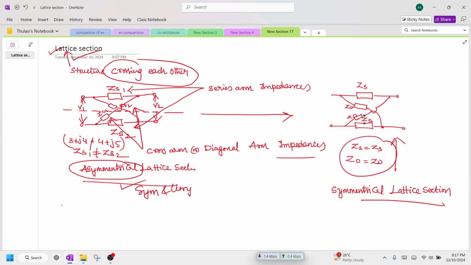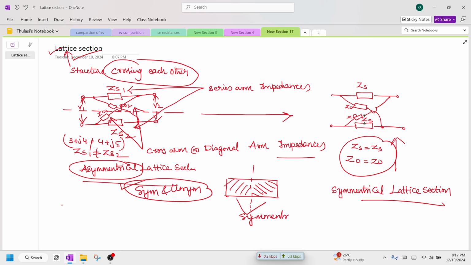If you are unable to understand, you can watch my previous video. It is very simple: you take a white paper and fold it in half. If the area of one half is equal to the area of the other half, then I can claim these two areas are symmetrical with each other. That's how to identify symmetrical.